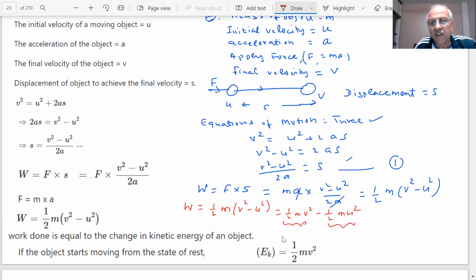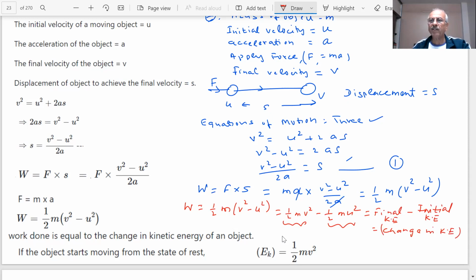This is called the kinetic energy. Final kinetic energy minus initial kinetic energy. That is also equal to change in kinetic energy.